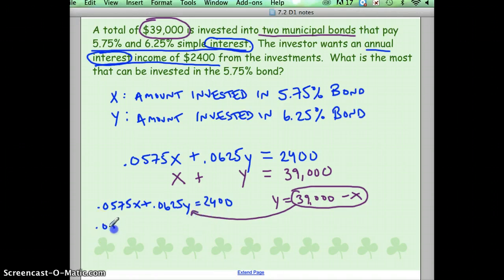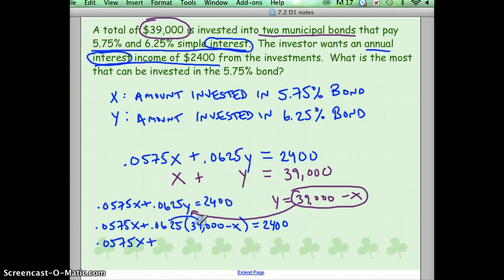Okay, so 0.0575x plus 0.0625 times 39,000 minus x equals 2,400. Now you have an equation that deals with x's, so you can solve this equation.